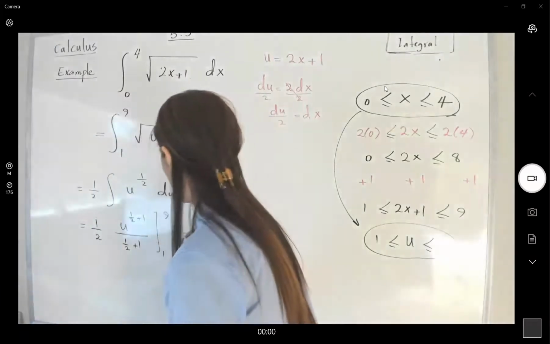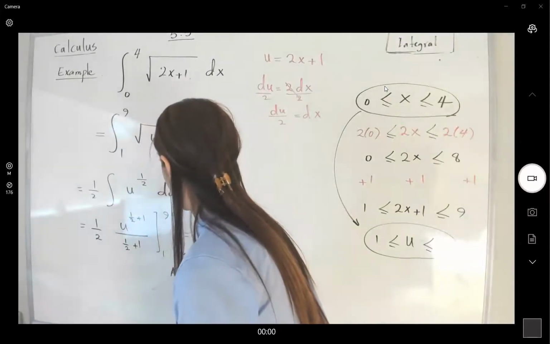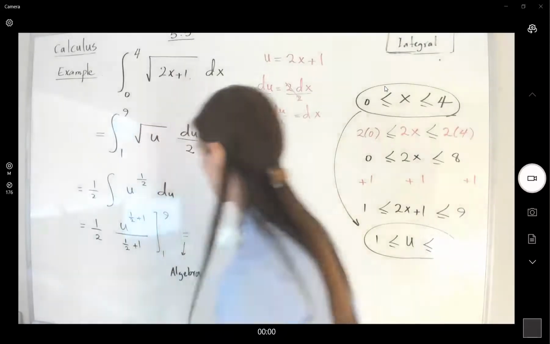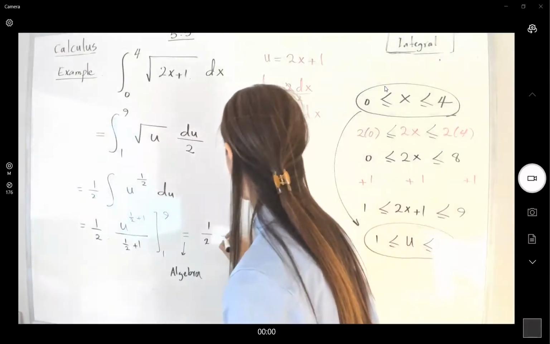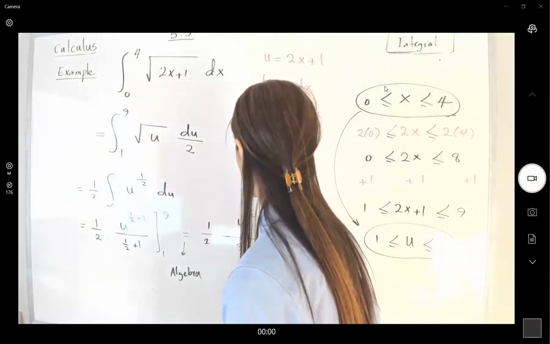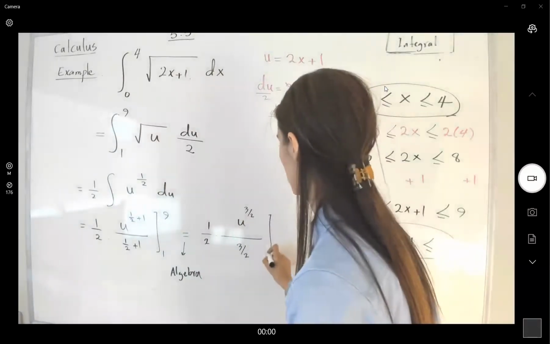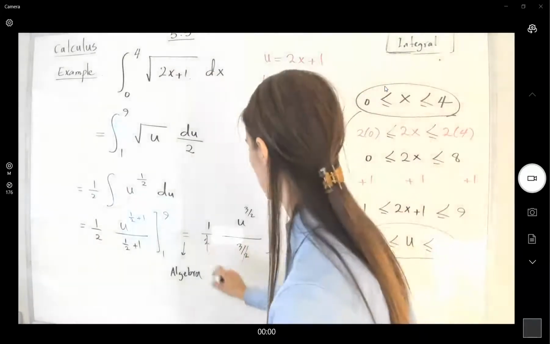Okay, let's simplify this. Let's do a little bit of algebra. I have a half times u raised to 3 halves. U is bounded between 1 and 9. So here I can cancel out 2 and 2.